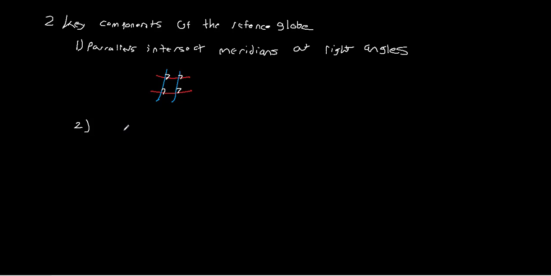The second property is that meridians converge at the poles. Let me try and make that a little cleaner. If this is the North Pole, this is the South Pole, meridians go like this.